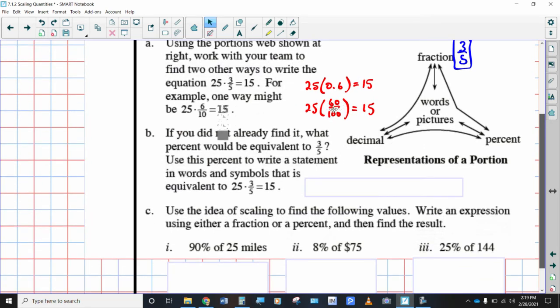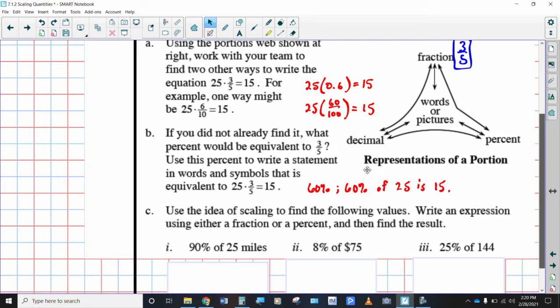Well, we said here 60 hundredths, right? So that would be 60%. And so we could say that 60% of 25 is 15, instead of saying 3/5 of 25 is 15, but they would mean the exact same thing.